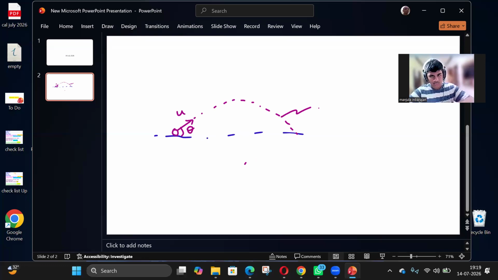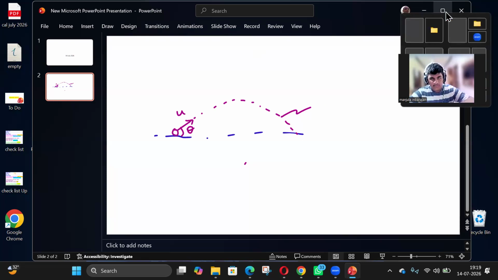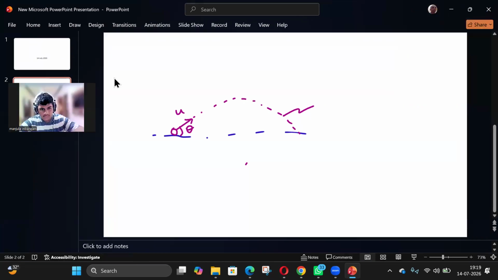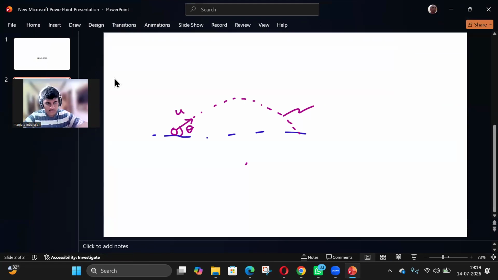And what is this curve? Is it a special curve or some arbitrary curve? Is it a circle? What type of curve is it? Projectile, upward and downward curve. No, parabola. Parabola in x and y.